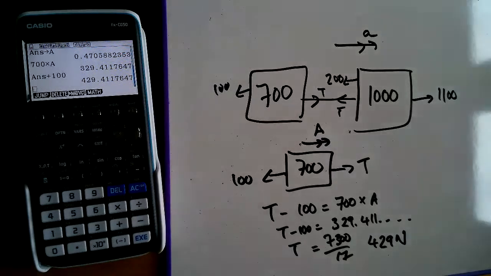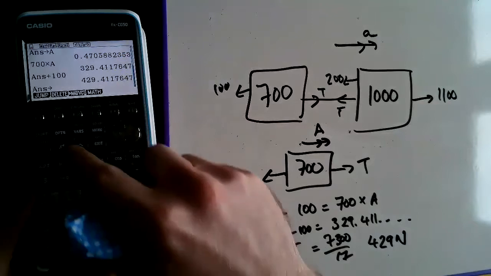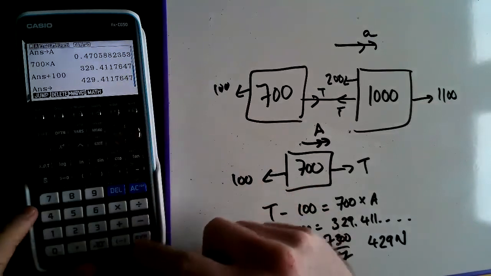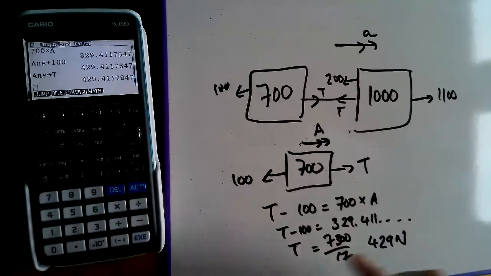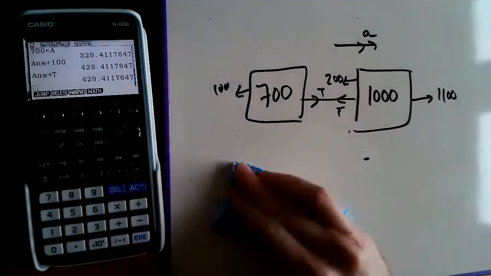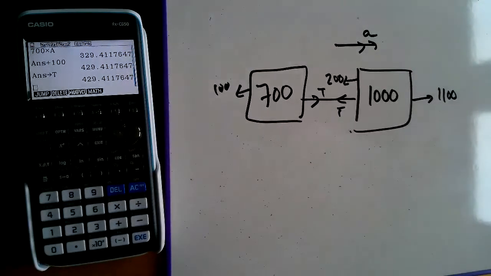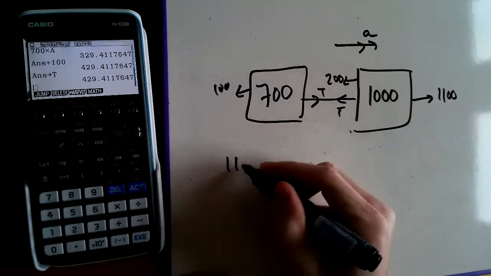Then remember, you can always check with the car equation. So I'm going to store that as T. Where's T? There. So I'm going to check with the car. Pulling it forward, I've got that.